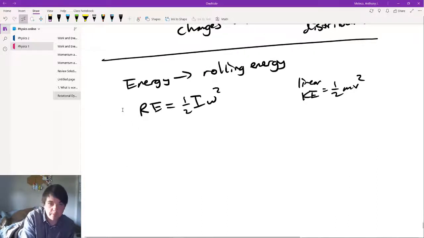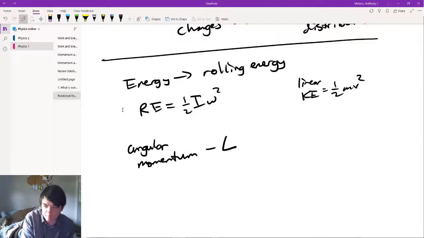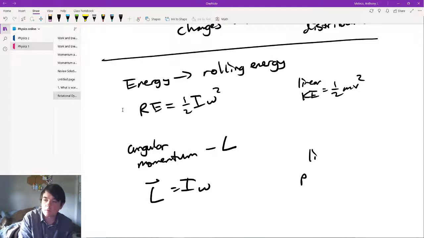You had angular momentum, which is L, and L equals I omega. The linear case was P equals mv.